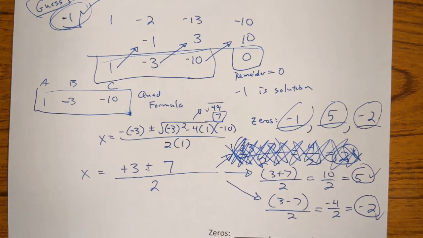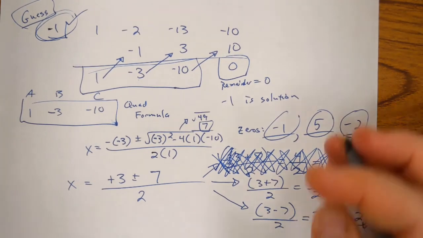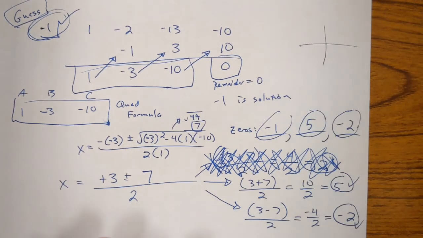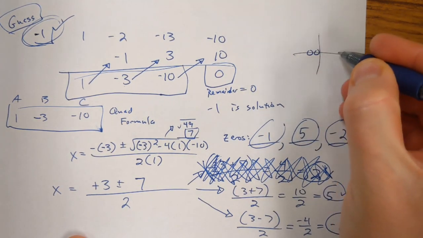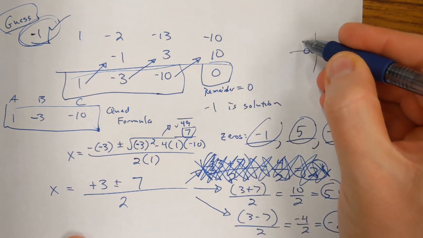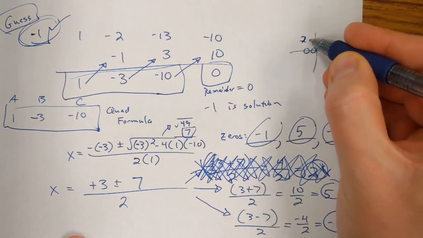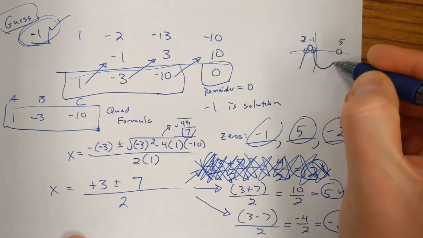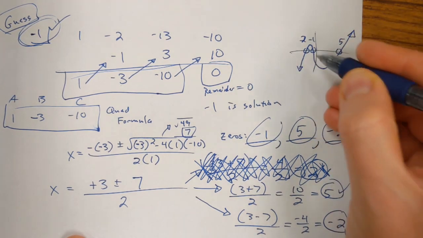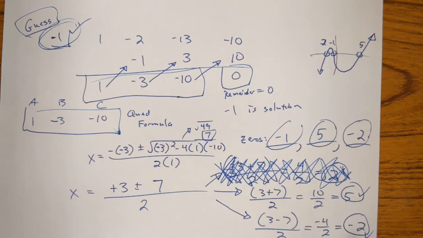So if we were to graph this on Desmos, you don't have to do this because we were able to do it by hand, but if you did, the zeros would come out at -2, -1, and 5. It probably would have looked something like this. But we were able to find those zeros by hand.